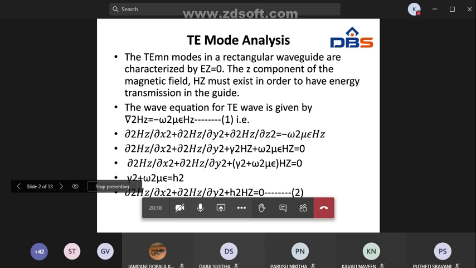Here, in place of γ² + ω²με, take h². So it becomes ∂²Hz/∂x² + ∂²Hz/∂y² + h² Hz equal to 0.